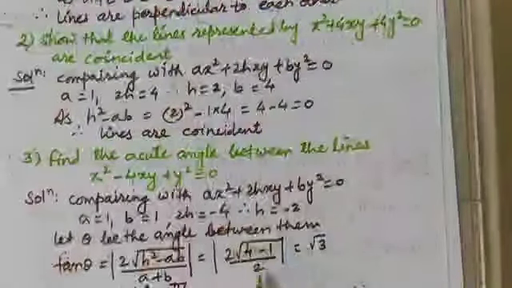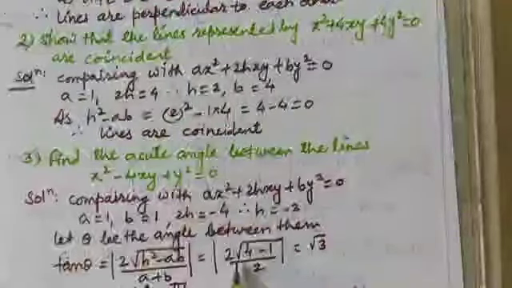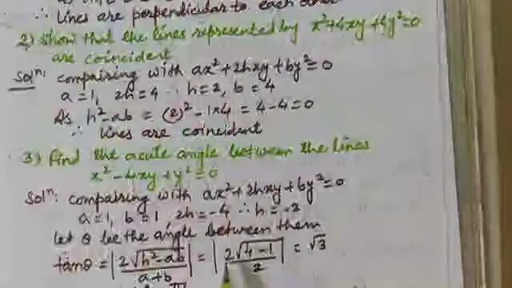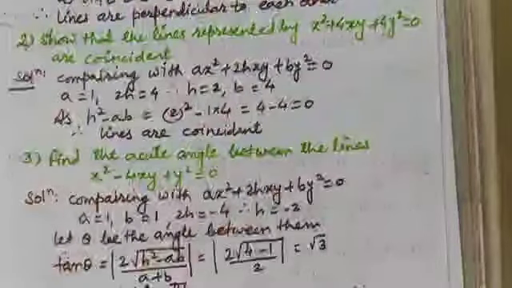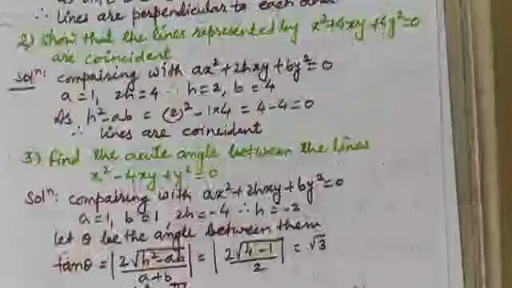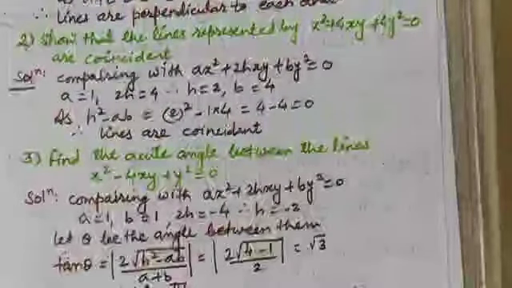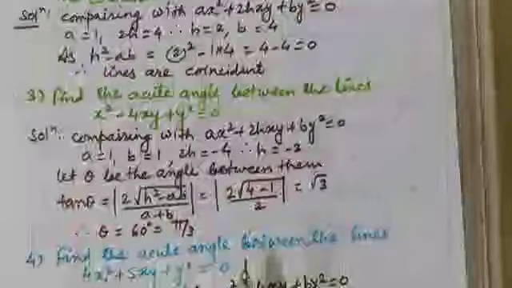After putting these values in the formula we are getting 2 into root of 4 minus 1, which is root 3, and this 2 gets cancelled. Simplification will give you theta is equal to 60 degrees. This means pi by 3 we can say. So very simple, just put the values in the given formula and simplify.